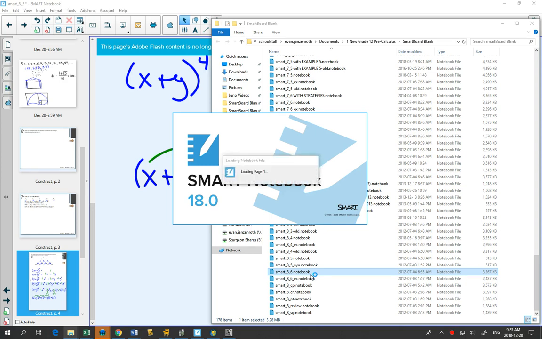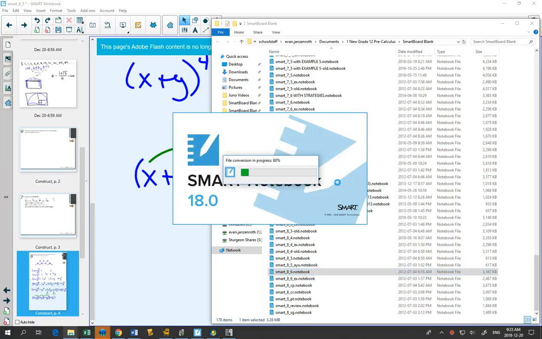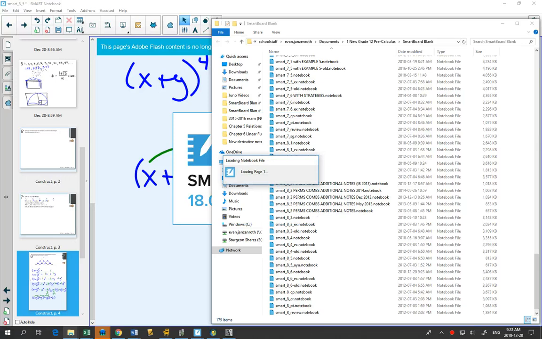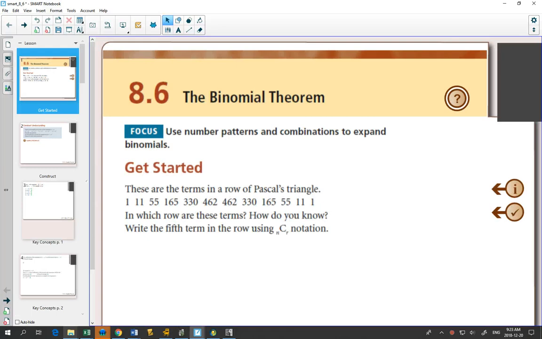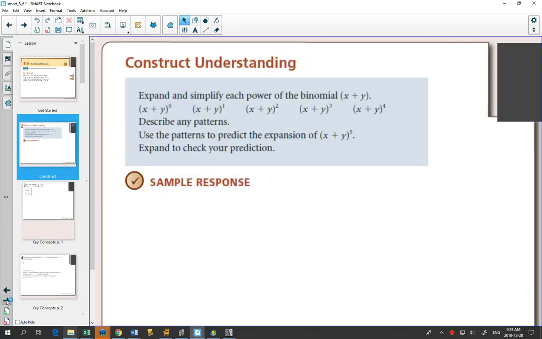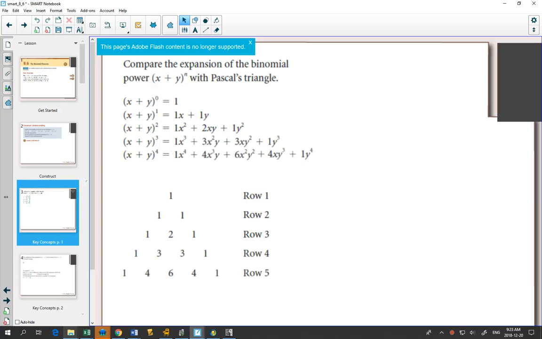And in 8.6, it looks at the binomial theorem. It says, what row is this? How would you know? It does some expansions, and it shows exactly what we saw before when we expanded things.